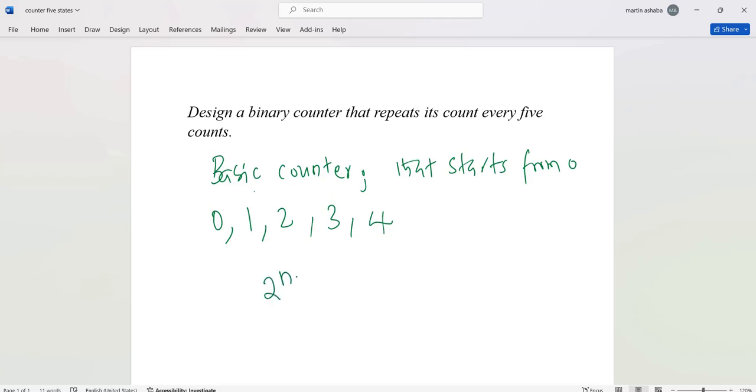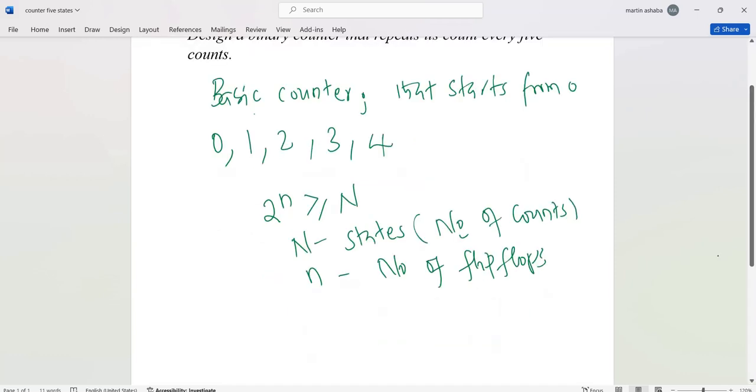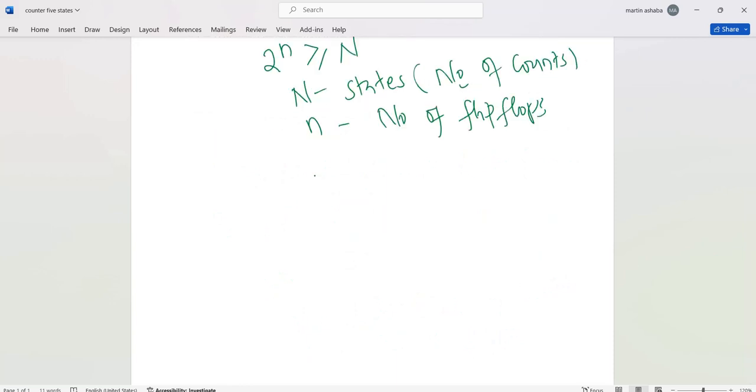I know that 2 to the power n should be greater than or equal to capital N, whereby capital N is the number of states or number of counts, and small n is the number of flip-flops. Now, if we are looking at 5 states, that means 2 to the power n should be greater than or equal to 5.